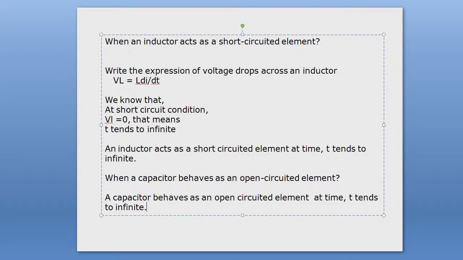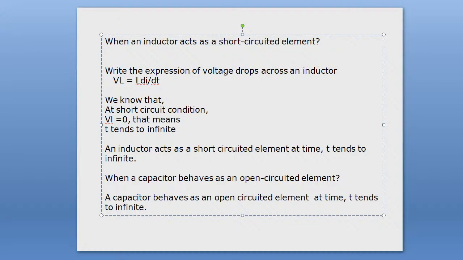Okay. Now if I ask you when an inductor acts as an open circuit element and a capacitor acts as a short circuit element, then your answer will be vice versa. An inductor acts as a short circuit element for t tends to infinite, and an inductor acts as an open circuit element at t tends to 0.